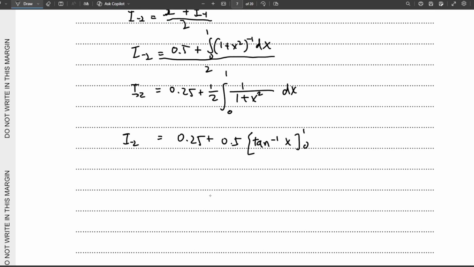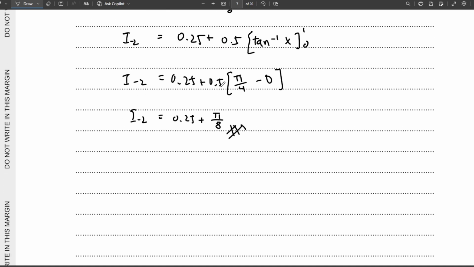The inverse tangent of 1 is 45 degrees, so pi over 4 radians, and tangent inverse 0 is 0. So we just have 0.25 plus 0.5 times pi over 4, minus 0. Finally, we have 0.25 plus pi over 8 if you simplify further. This is the final answer, I believe.